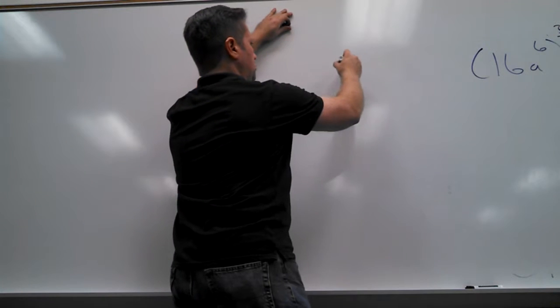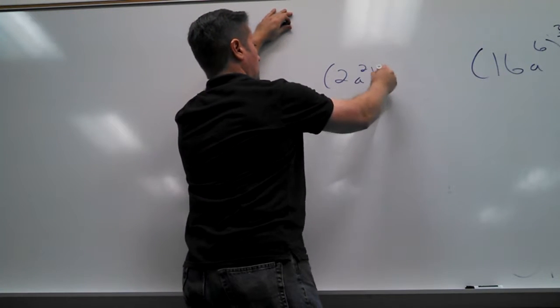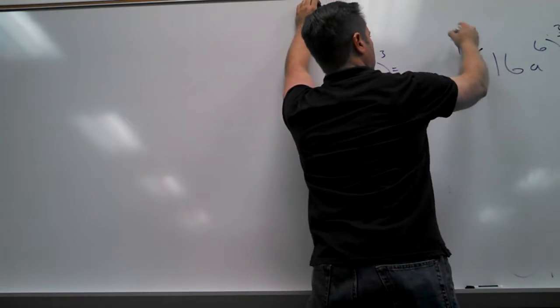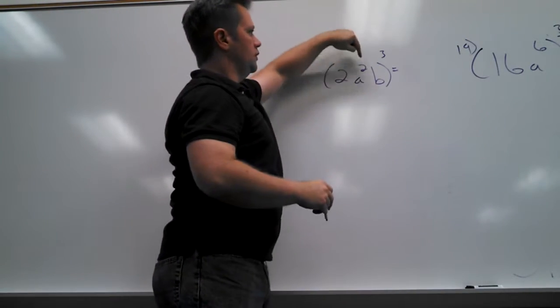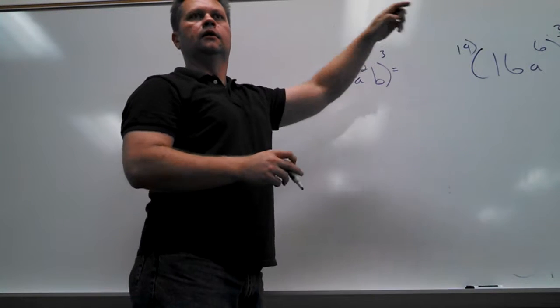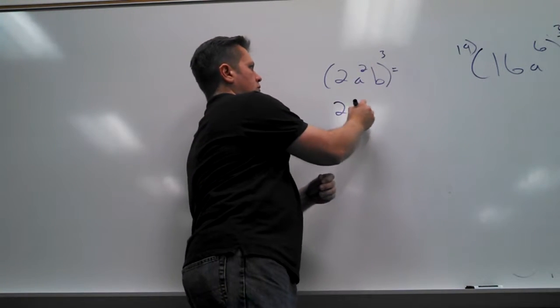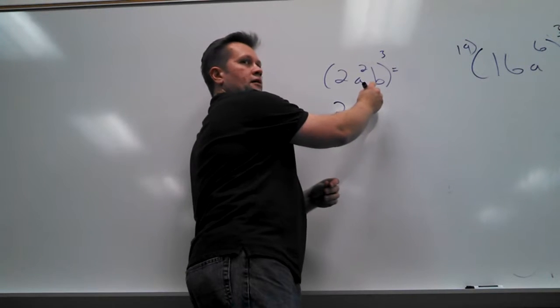All right, guys. Remind me, how would you do this? This is number 19 from the section we were just doing. It's really the same idea. Multiply the exponents. So would it be 2 to the power 3? Good.